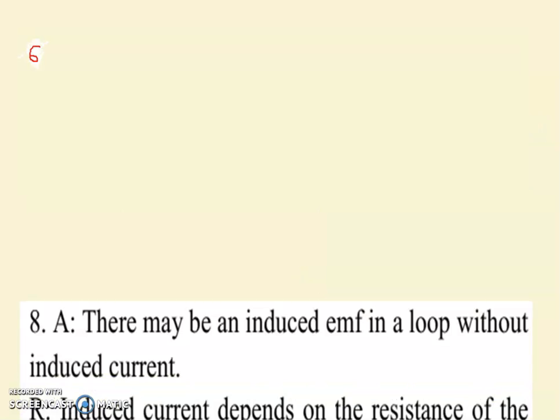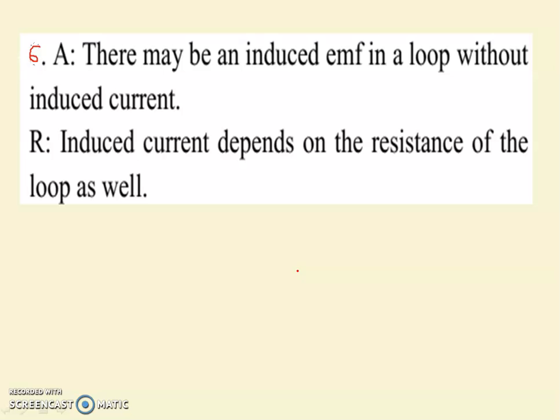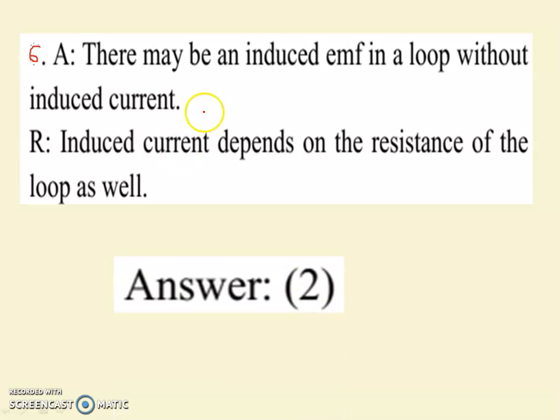Now question number 6. Assertion: There may be an induced EMF in the loop without induced current. Reasoning: The induced current depends on the resistance of the loop as well. So both the statements are correct. Yes, definitely there may be an induced EMF in a loop without induced current.